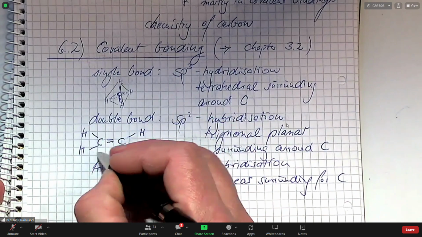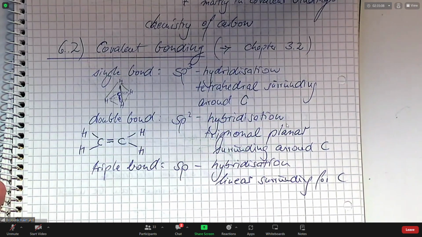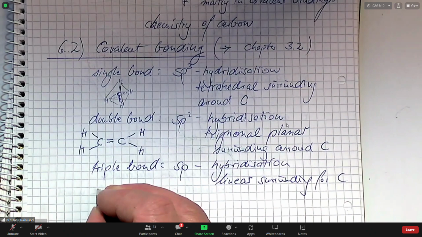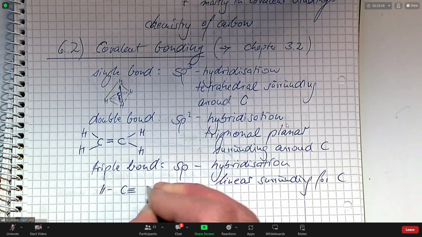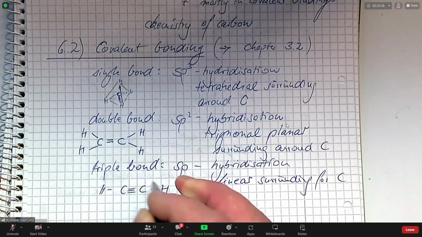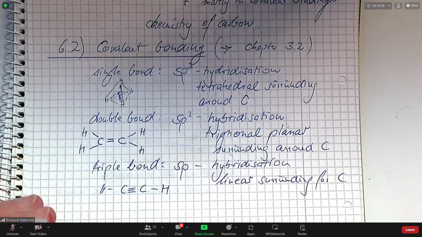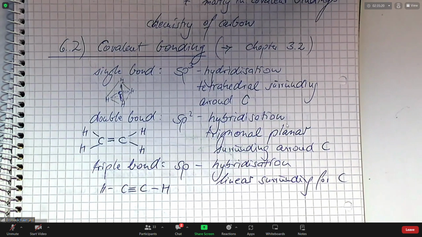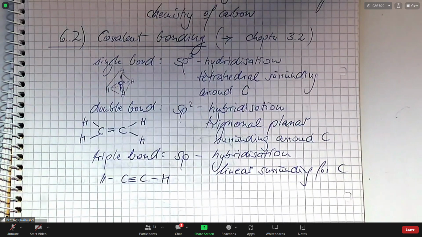And here we have the trigonal planar surrounding. And we have ethine. We have here a triple bond, and that's linear. Think about the types of orbitals, and you can explain exactly how the surrounding looks like in sp3, sp2, and sp.